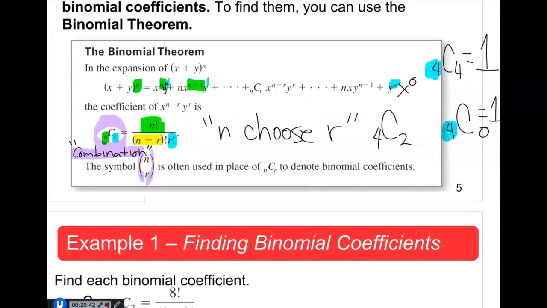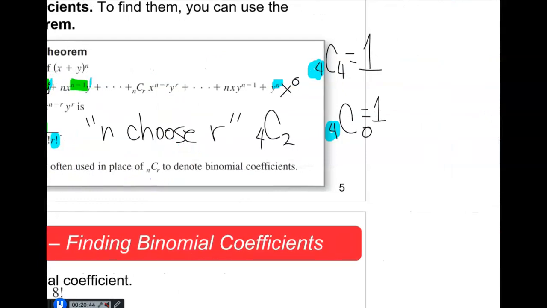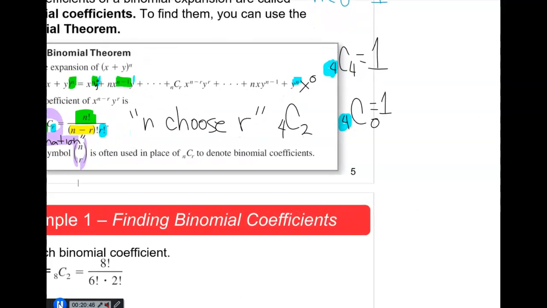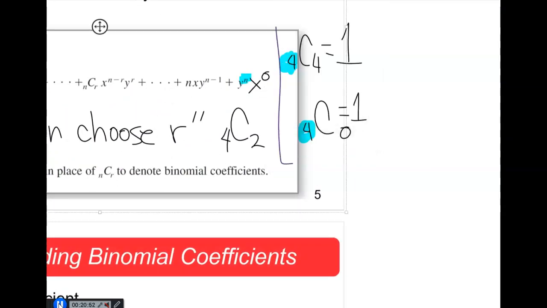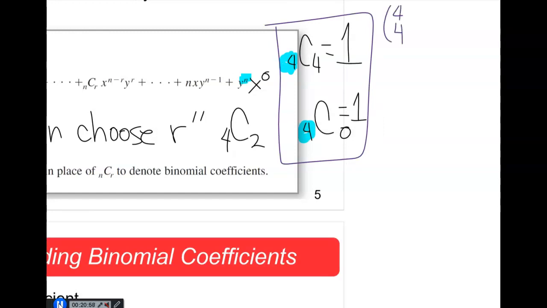So let's go ahead and prove why, using that formula. Let's see if what I wrote here is actually true. If we take 4 choose 4, or 4 combination 4, based on the formula, we need 4 factorial on top for n. n is equal to 4.